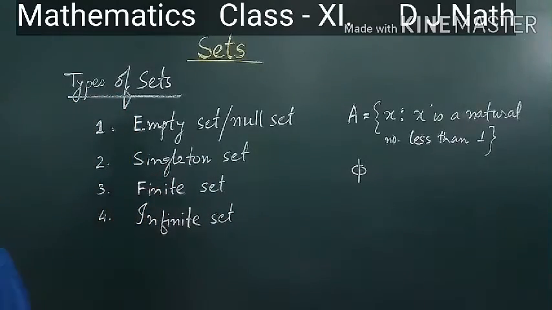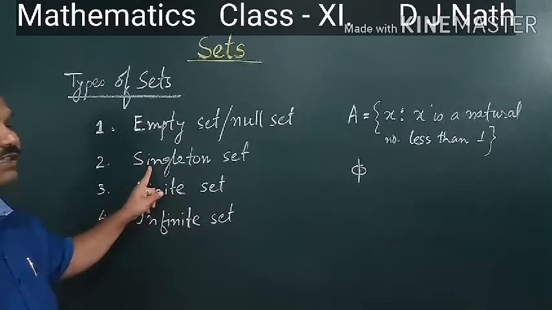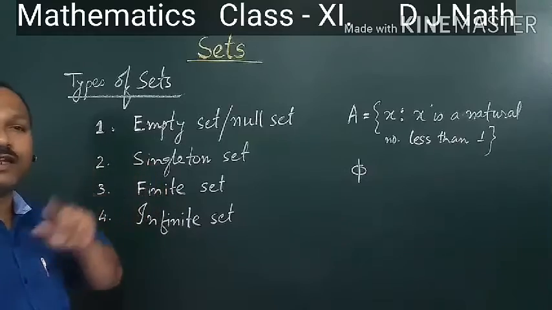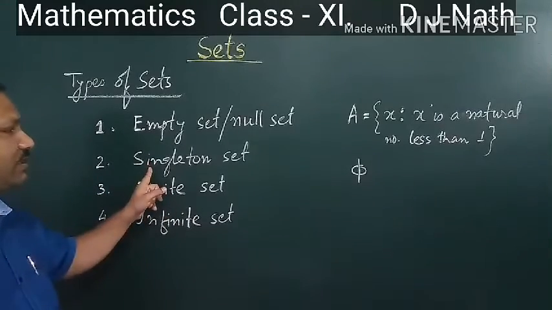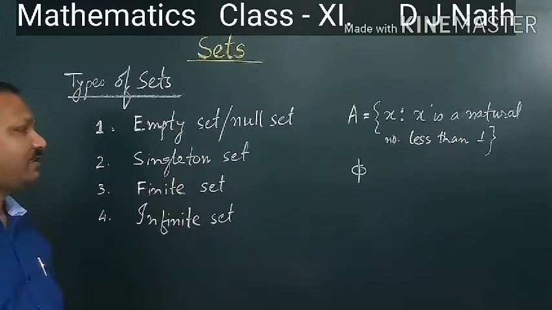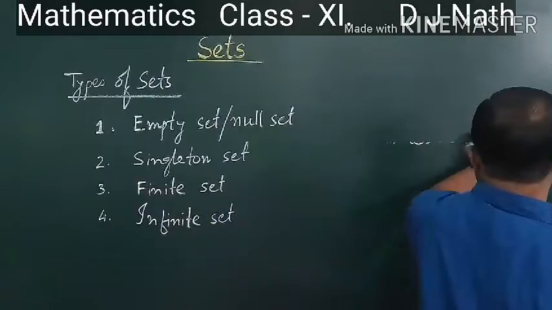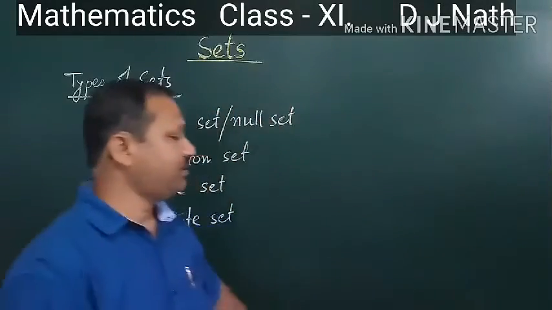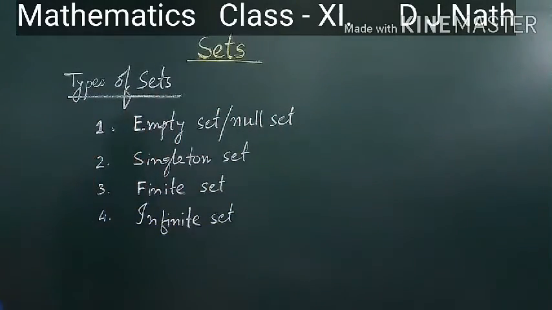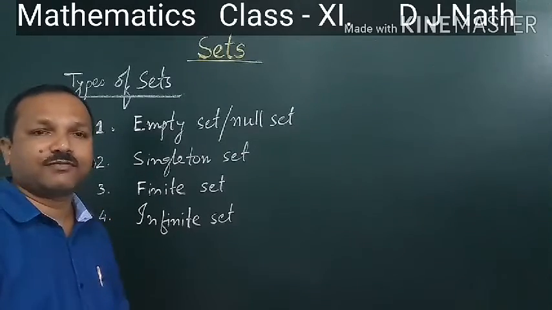The word single means if a set contains only one element, then it is called a singleton set. Think of an example which can be a singleton set.